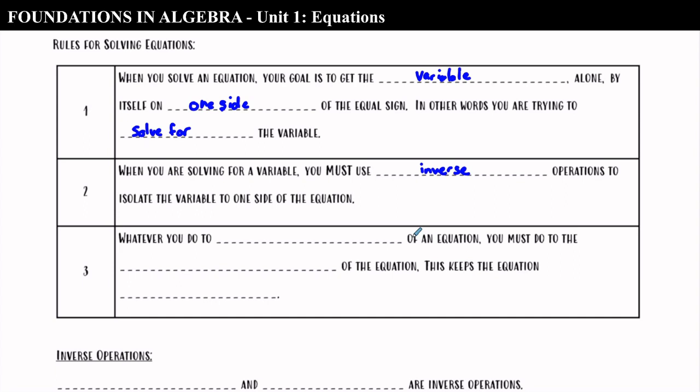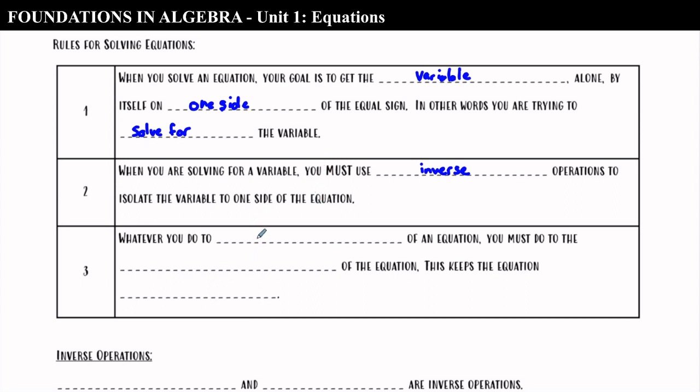So in other words, when we're isolating a variable, if we're moving something from one side of the equation to the other, say we're adding 5 on one side but we want to move it to the other, we have to subtract 5 from each side of the equation.